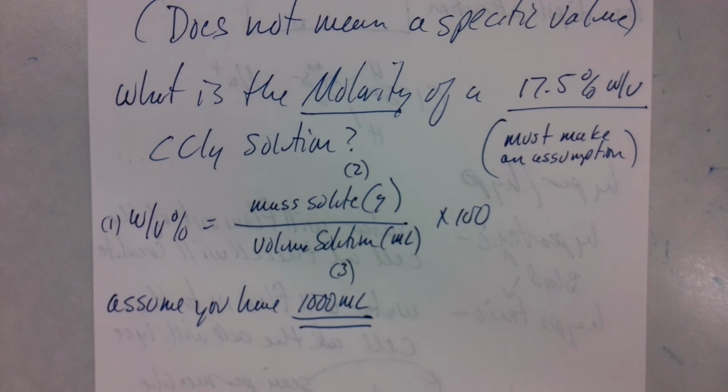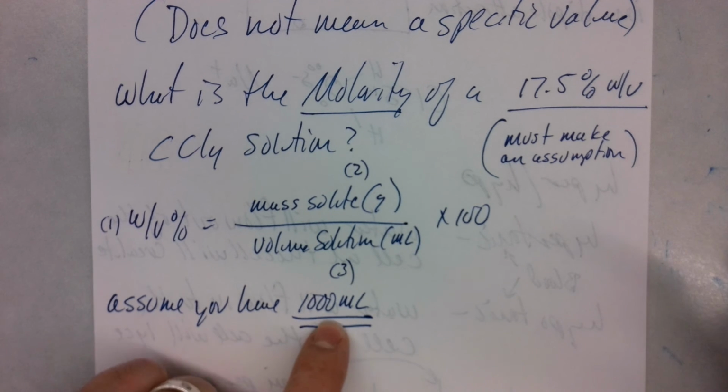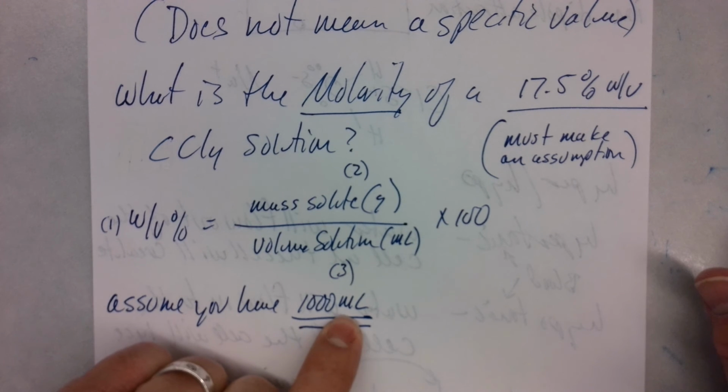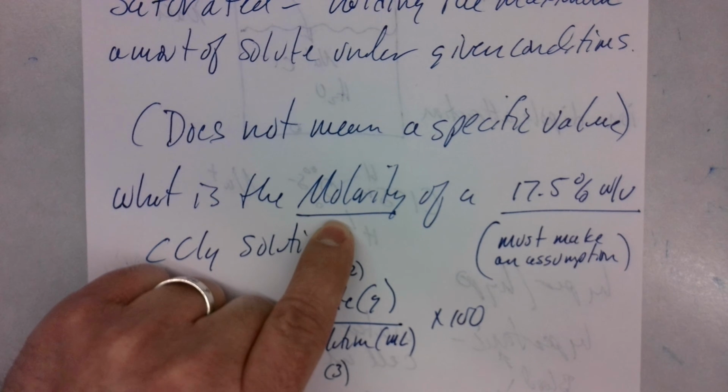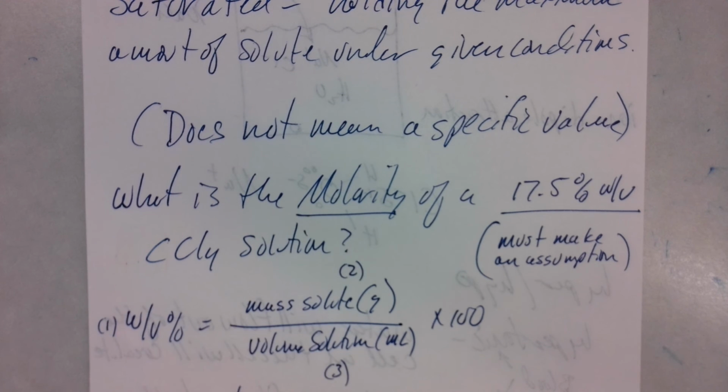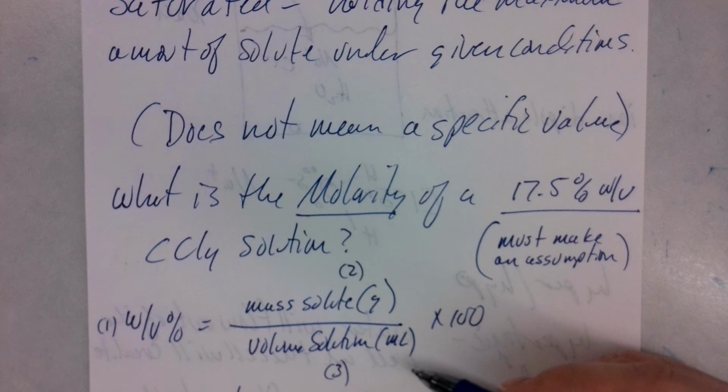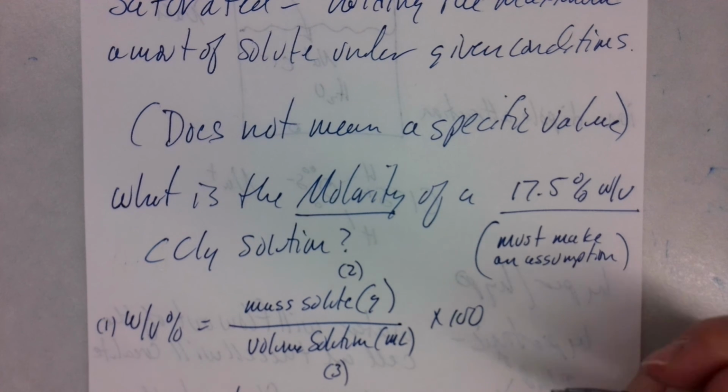We're actually going to do it differently than that, and take care of that percentage already. But what does 1,000 milliliters also equal? 1 liter, right? What did it ask me to find in the end? Molarity. What is molarity measured in? Moles per liter. So that 1,000 milliliters is going to work here, and I'm also going to be able to use it in my next step as a 1. It makes the math really easy.